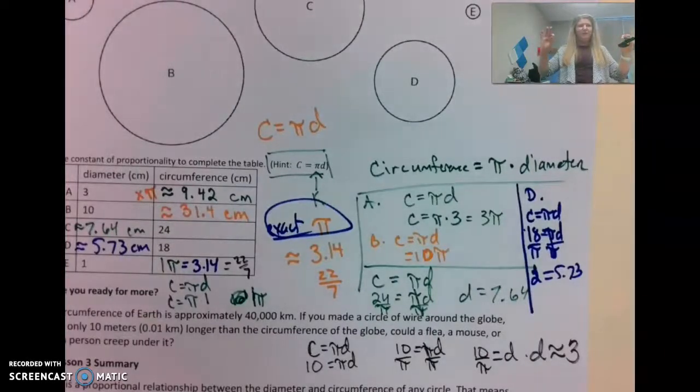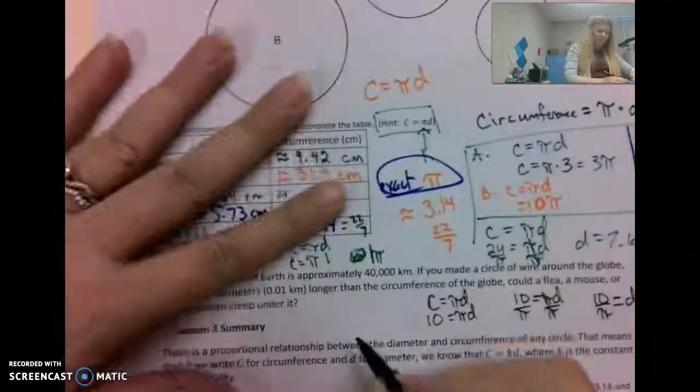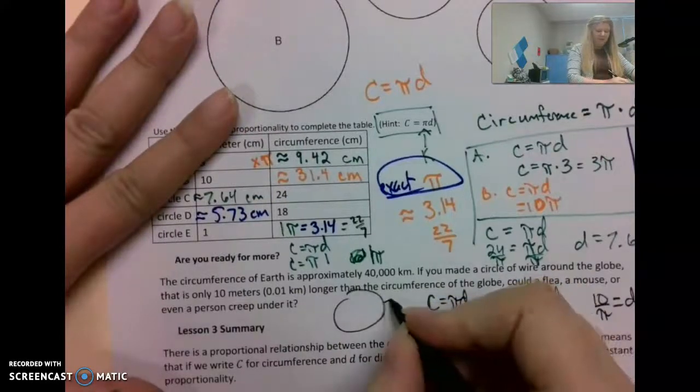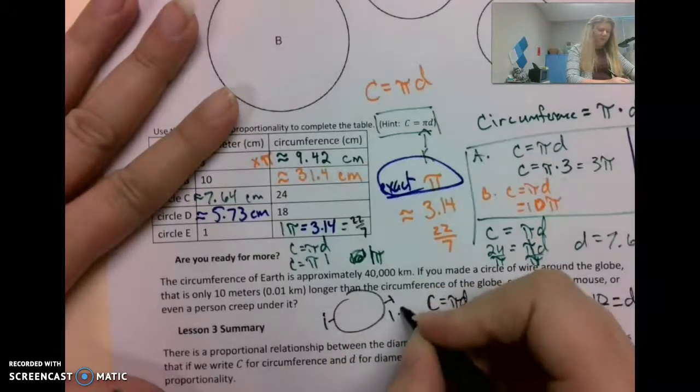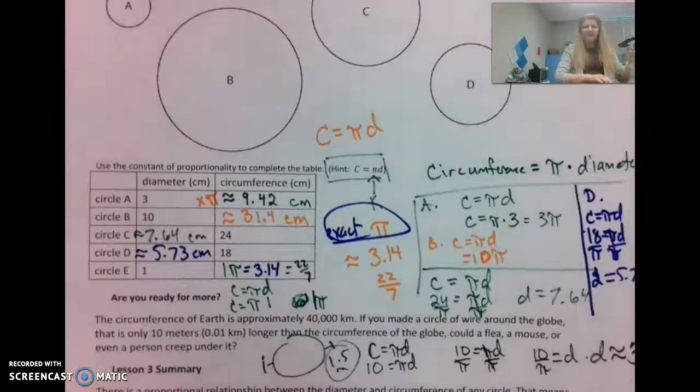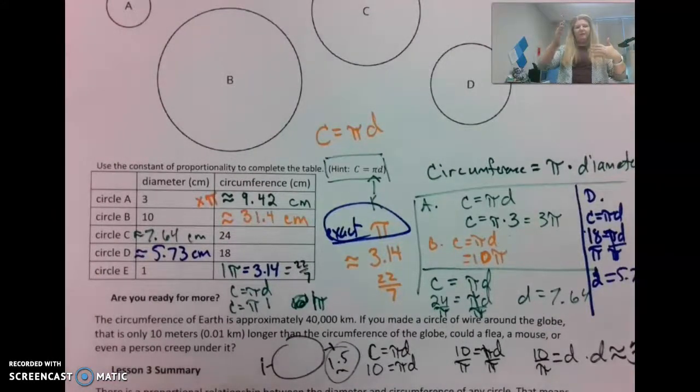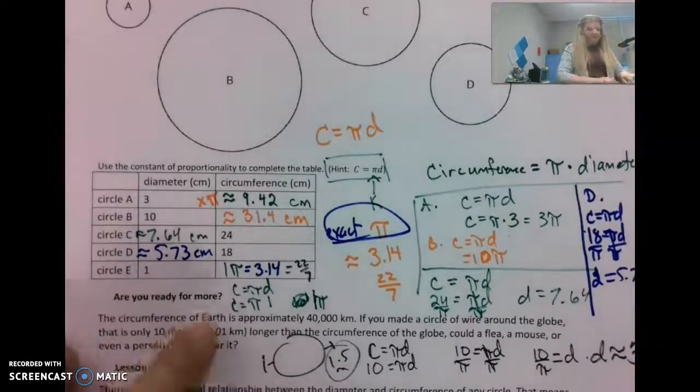If I added that much to the diameter, that means that on each side, because it's a circle, if I split that in half, 1.5 meters is basically how much more you've added. So 1.5 meters is going to be plenty of space for a flea or a mouse or a person to get through.